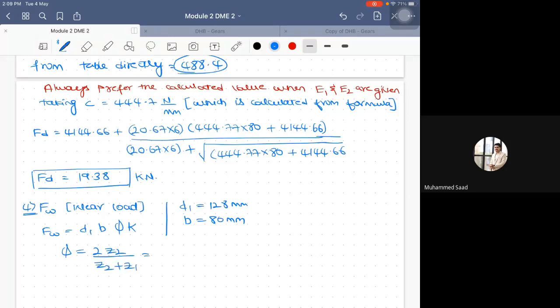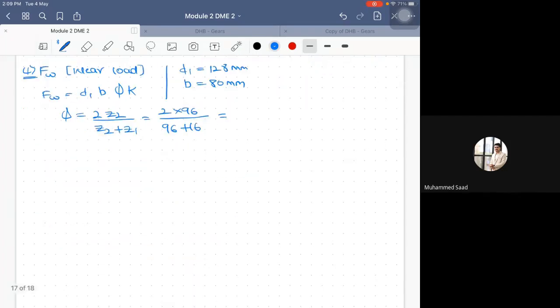I have the values of Z2 and Z1, so I would just substitute: 2 cross 96 divided by 96 plus 16. What is the value of Q there? 1.714.